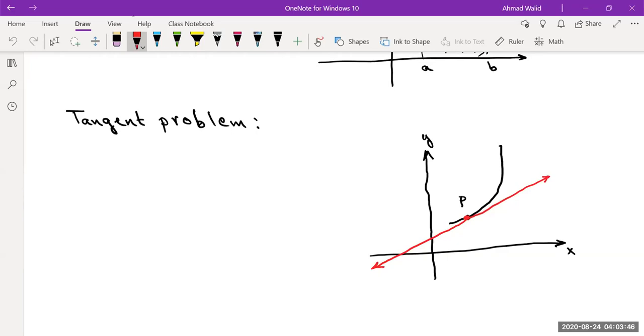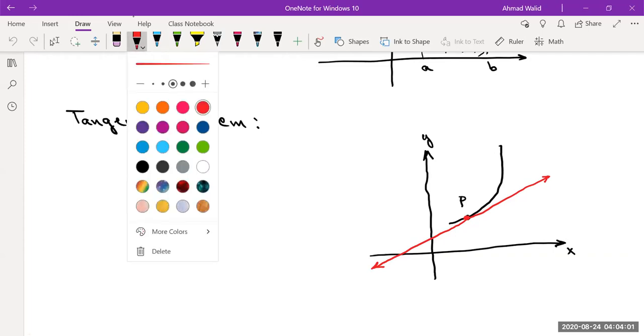To find the slope of any line, you always need two points. But here, I have only one point. Then, how to solve this problem? To solve this problem, I'll choose another point first.